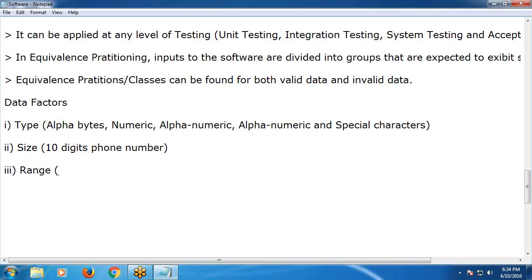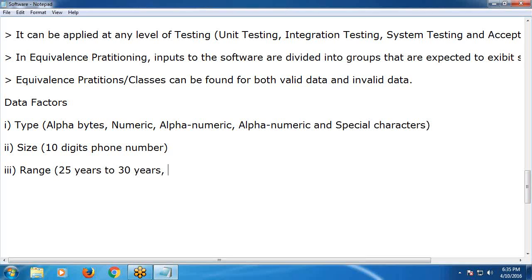Suppose in insurance applications, for a 1 lakh policy, applicant age 25 to 30 years, premium 5,000; 30 to 35 years, 6,000; 35 to 40 years, 7,000. What is this 25 years to 30 years? This is the range of the data.